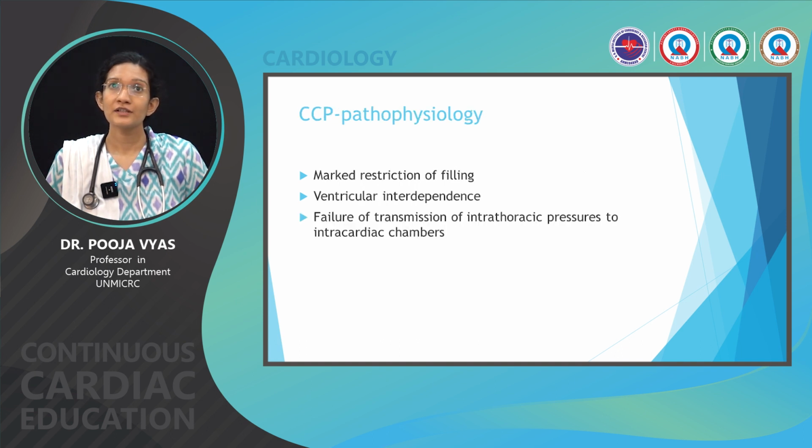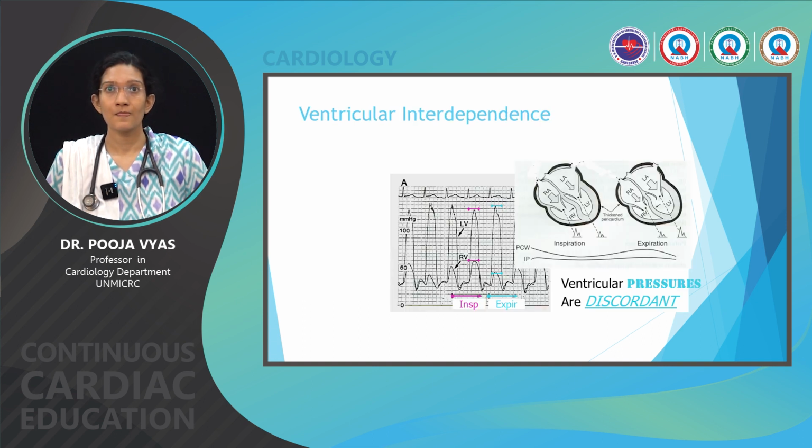So the key factors in the pathophysiology of constrictive pericarditis are: one is marked restriction of filling, as we discussed, that filling only happens during early diastole. There will be ventricular interdependence due to shared mechanical constraint, and failure of transmission of the intrathoracic pressures to the intracardiac chambers.